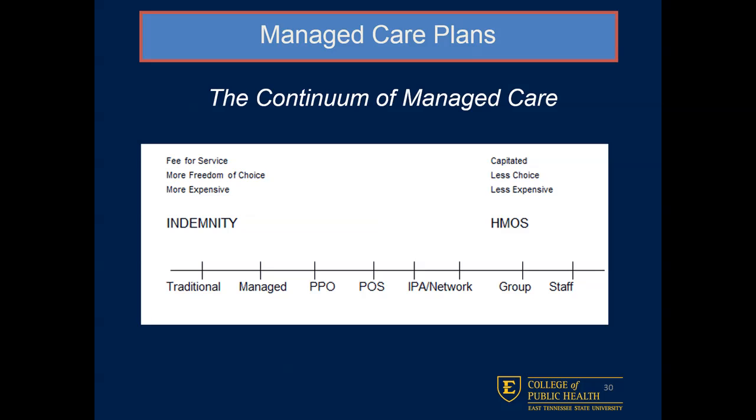So you have the three that we're going to talk about, which is your HMOs, your point of service or POSs, and then your PPOs, your preferred provider organizations. So HMOs, probably the most strict. They are the least expensive, but patients, you can see, have the least amount of choice under HMOs because they do run on a capitated reimbursement method.